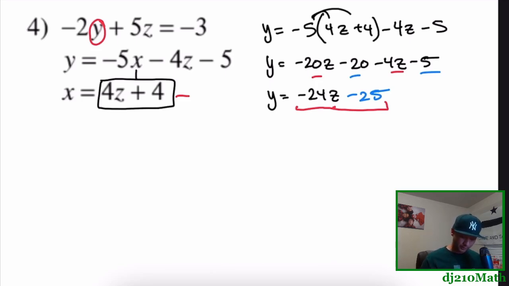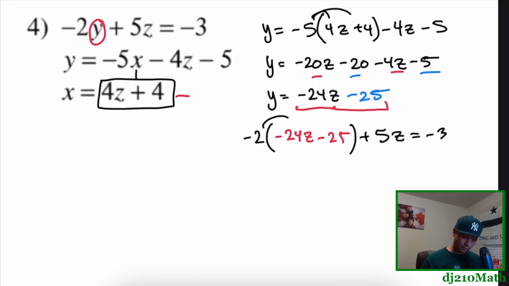So this is going to be negative 2y, which is negative 24z minus 25, plus 5z equals negative 3. Distributing the negative 2, we're going to get positive 48z plus 50 plus 5z equals negative 3.